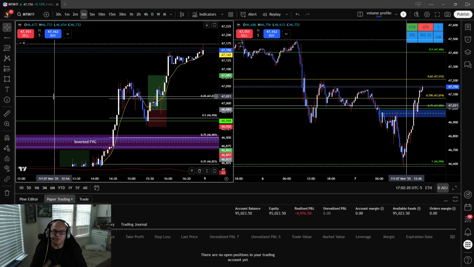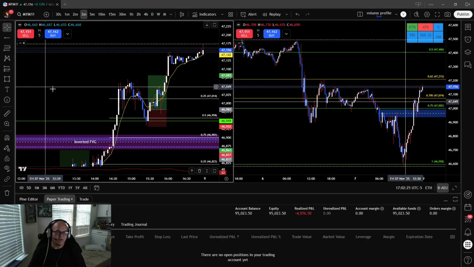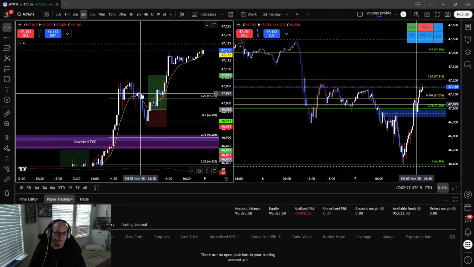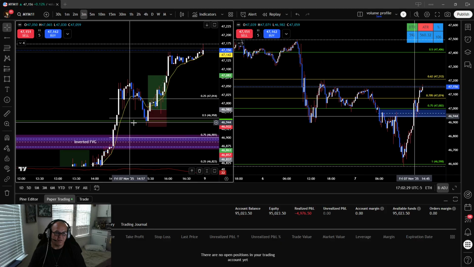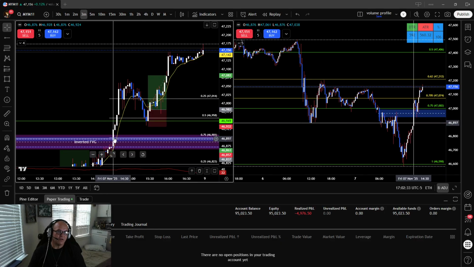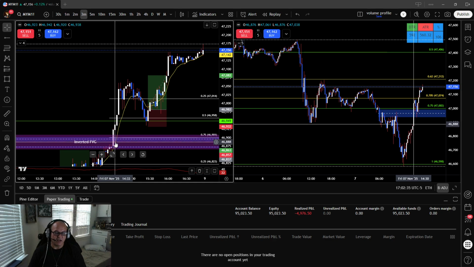When the pullback comes, where do we go to? Do we break the 25? If we do break the 25, watch the fair value gap at the 50. If we break through that one, look at the fair value gap around the 75.